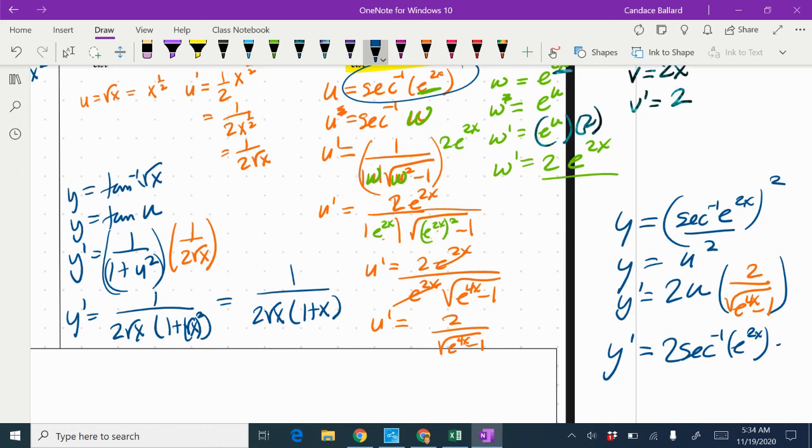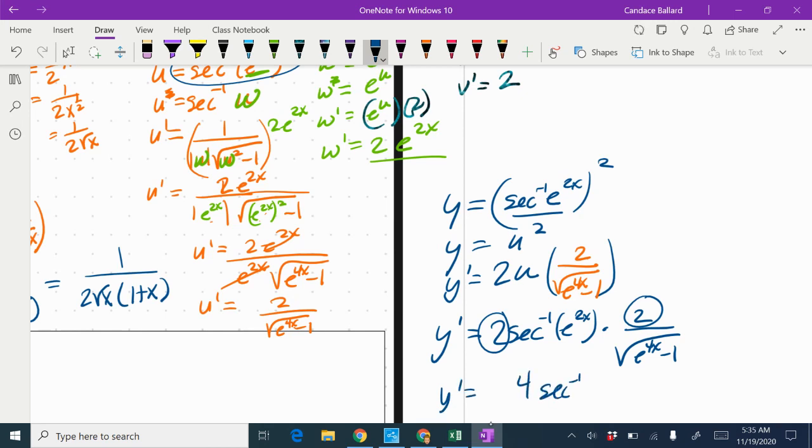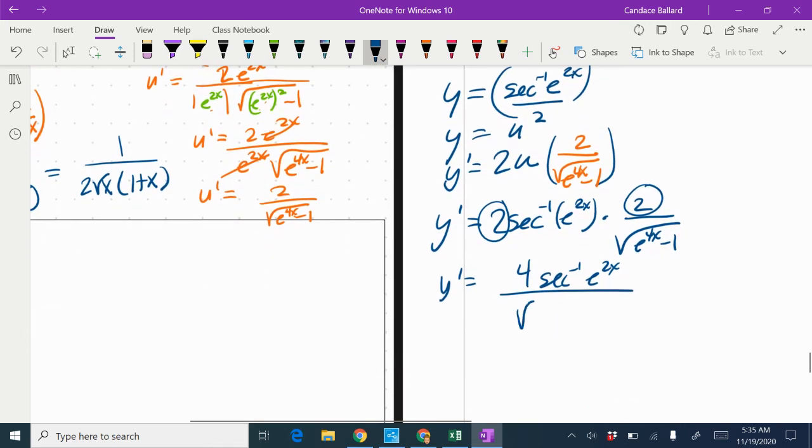And then we're going to multiply that by 2 over the square root of e to the 4x minus 1. The only thing else I could do is multiply this 2 with this 2 and make it one single fraction. So 4 secant inverse of e to the 2x over the square root of e to the 4x minus 1.